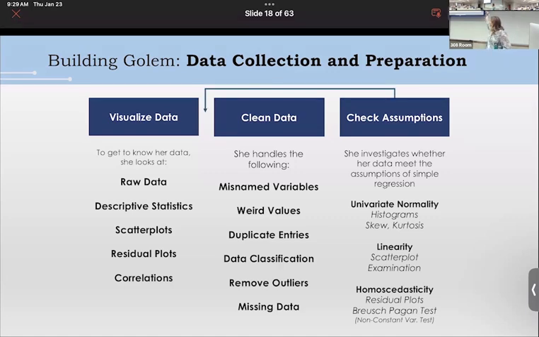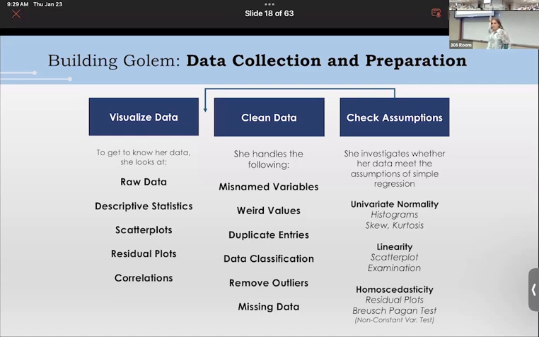She's also probably gonna do this. It's not totally linear. So generally what it looks like is I'm gonna look at my data. I'm gonna clean it to some degree, like probably any variable issues or duplicates. Then I'm gonna check my assumptions first, at which point I might then take out outliers or clean it a little more.